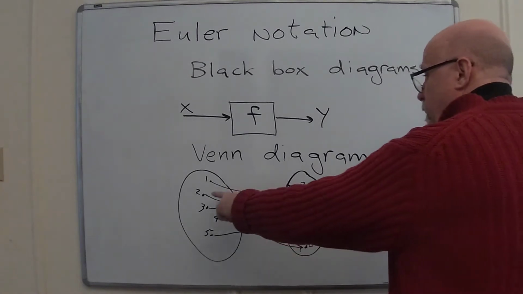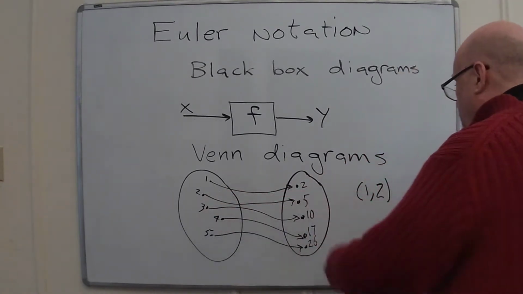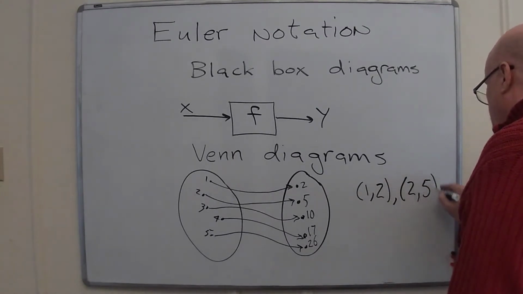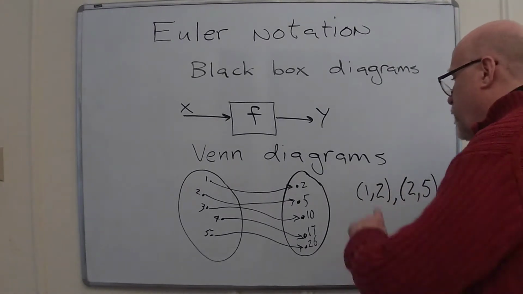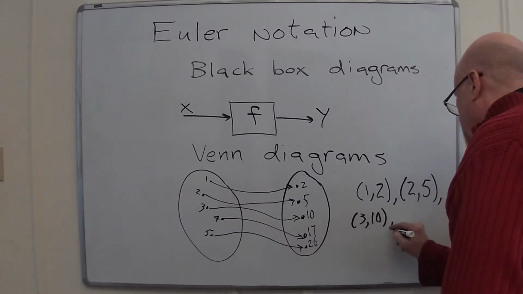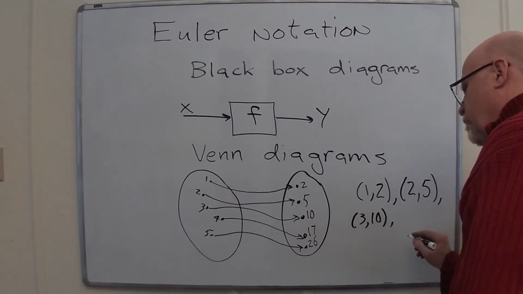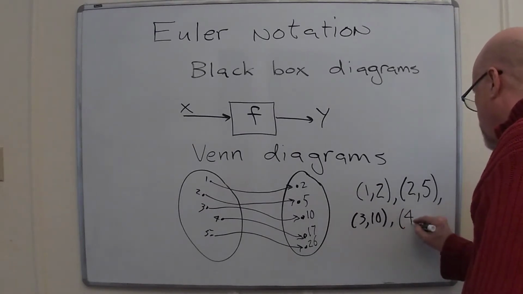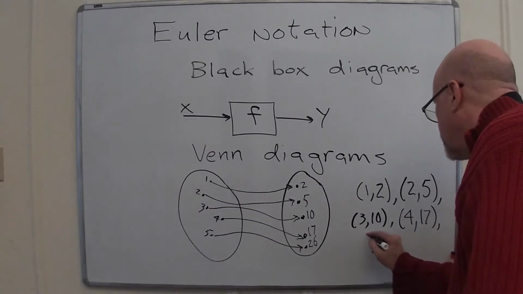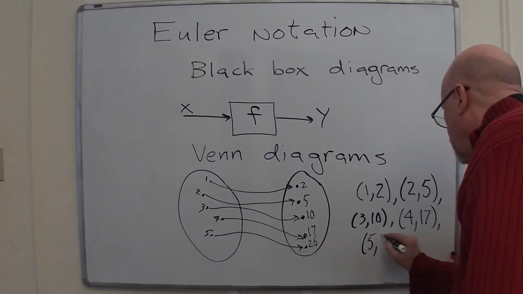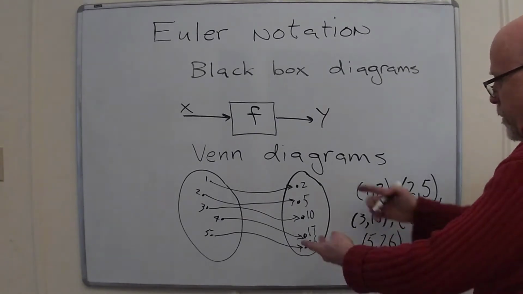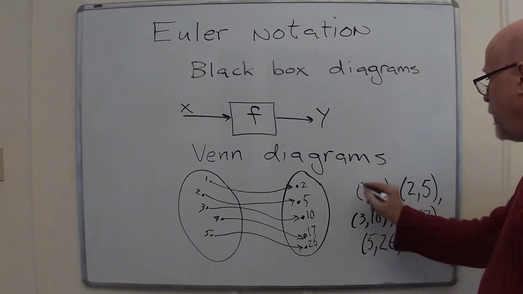A pair that sends 2 to 5 would look like 2, 5. Again, x and y. 3 to 10. 4 to 17. That looks like 4, 17. And finally, 5, 26.